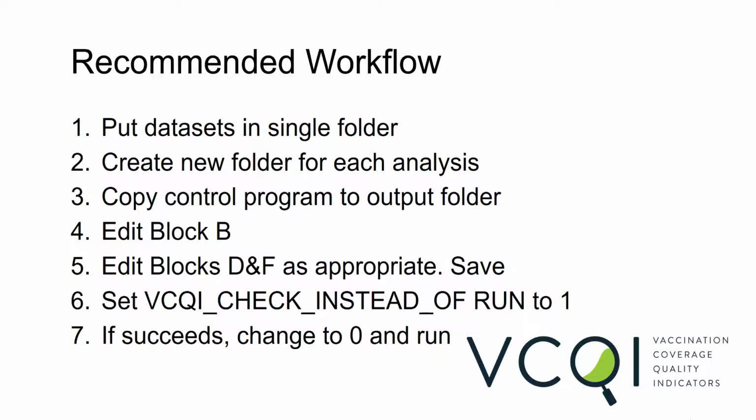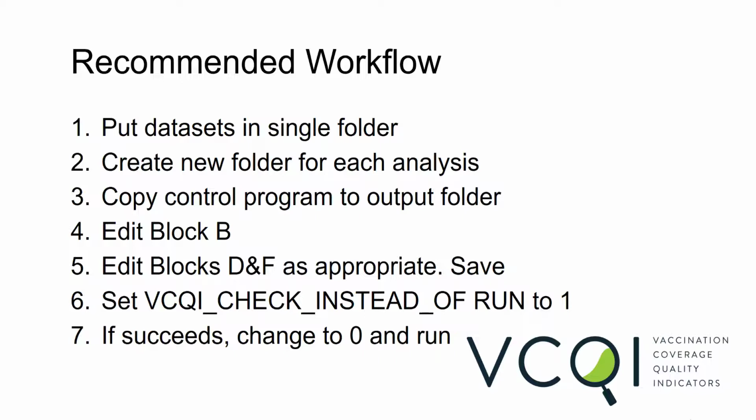Wiki has an option called Wiki Check instead of Run, which will look through the program for any problems without completing a full run. This time-saving measure can be enabled by setting Wiki Check instead of Run to 1. This will do a quick check of your control program and datasets to evaluate whether the input seems to be complete and consistent.